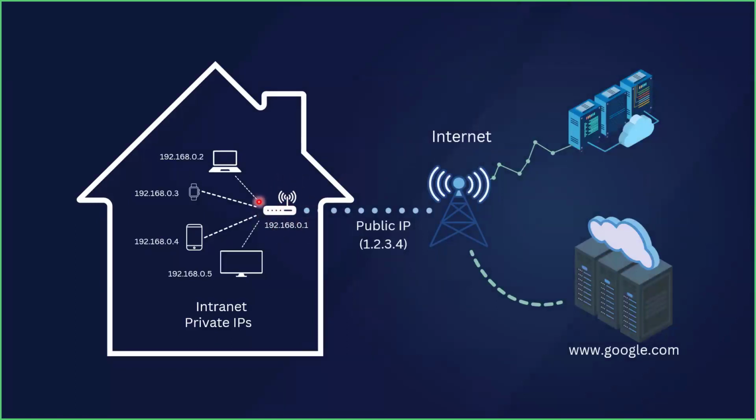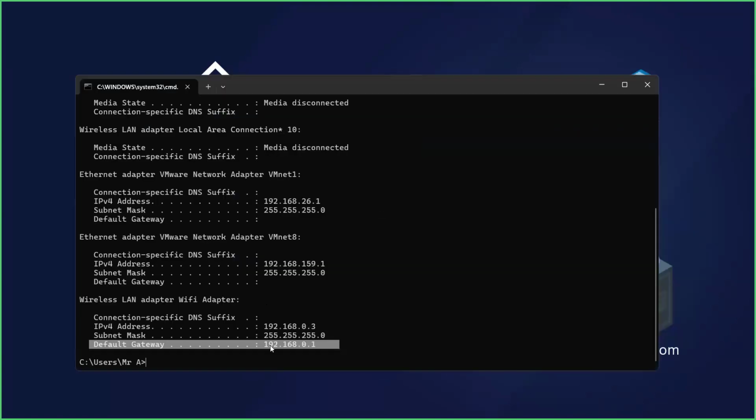So this router is acting as a gateway between the private network and the public network. Whenever any device wants to communicate with the internet, by default, it has to send the packet to this gateway. Hence the name default gateway, acting as a gateway between two different networks, private and public. And usually your router gets the first IP in the network, 192.168.0.1.